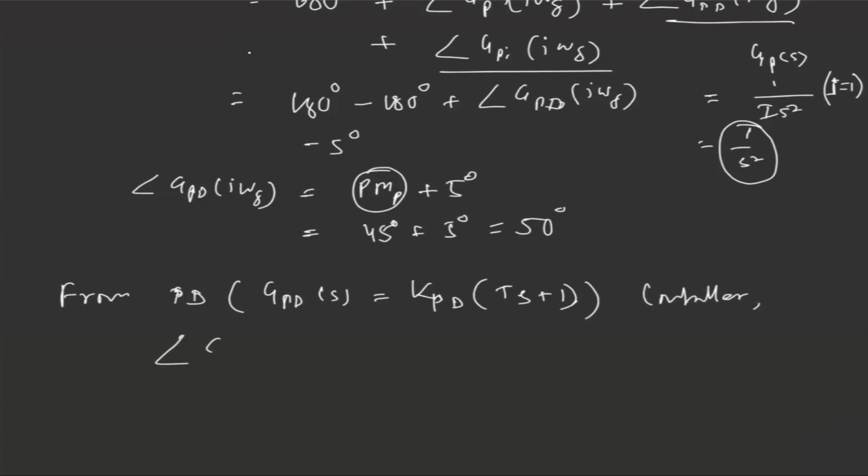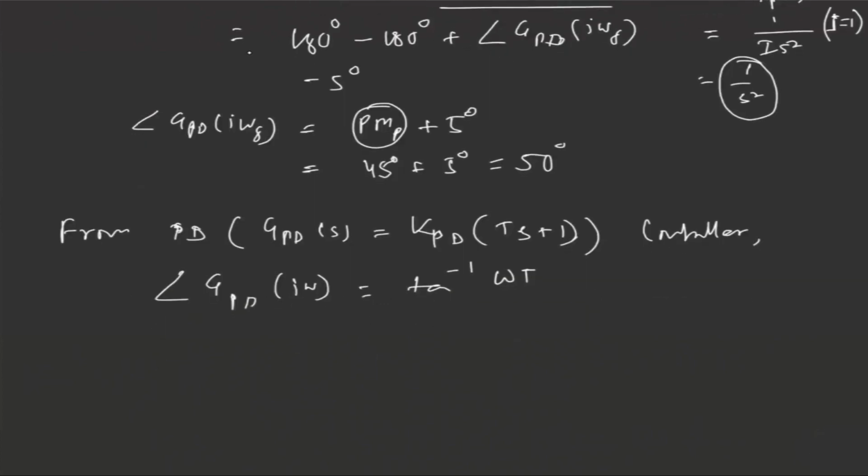We know G_PD is equal to K_PD times (Ts plus 1), or T_PD. Let me write T only. The phase of the PD controller, G_PD(j omega), equals tan inverse of omega T. Here we have to assume omega is a positive value. For positive omega, the angle of the PD controller varies from 0 degrees to less than 90 degrees.